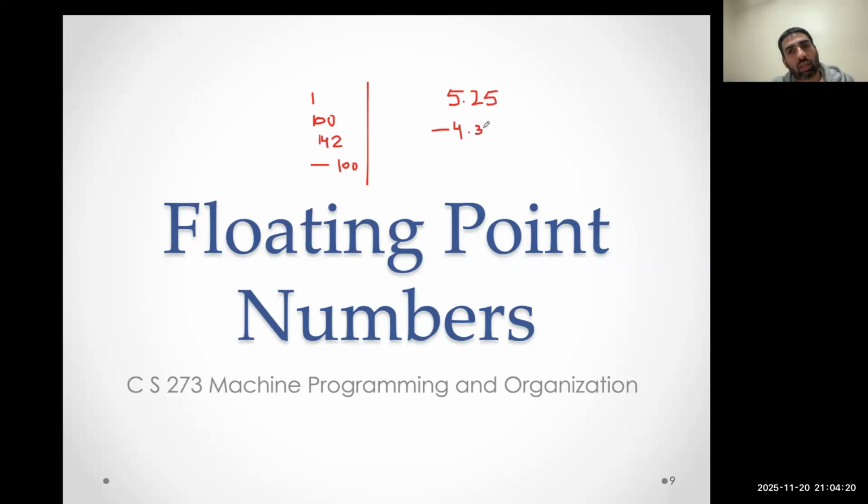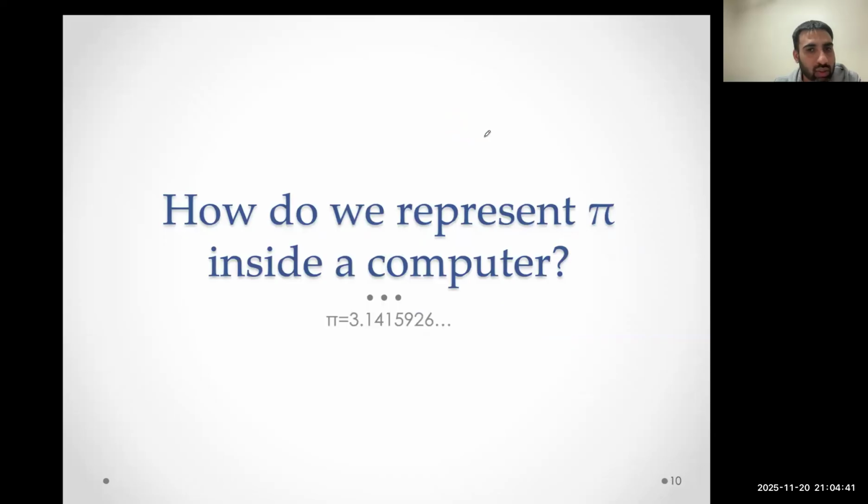These numbers are fractional numbers, also known as floating point numbers. How we can represent them in binary, which basically means how we can store them in computer hardware, we are going to discuss in this lecture. For example, if you want to use pi in your program, and the value of pi is 3.1415926 and so on, how can you represent it in your hardware?